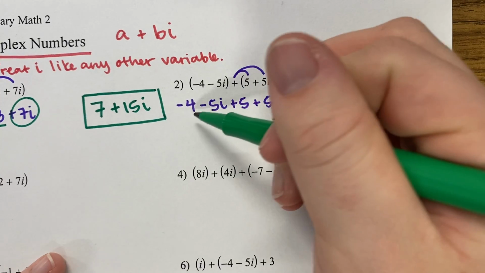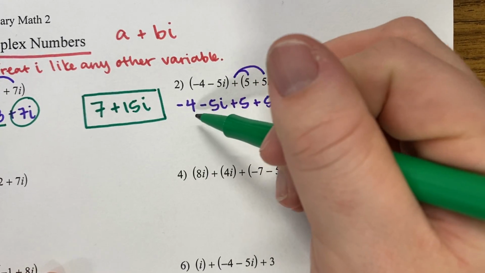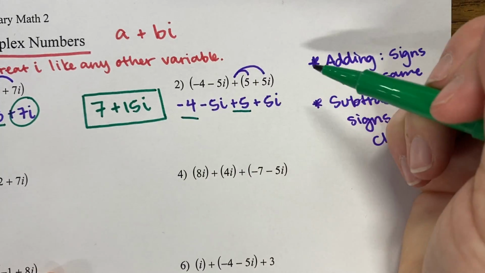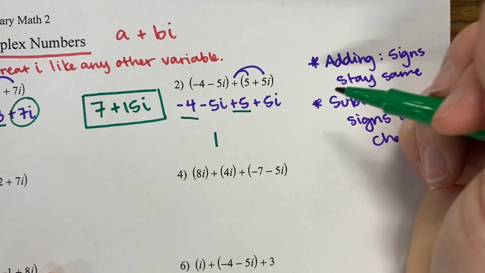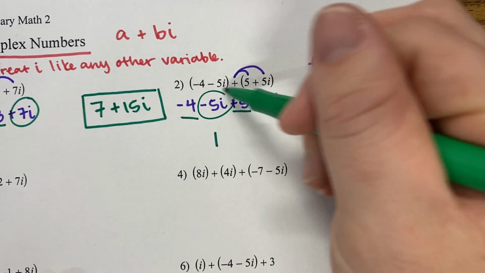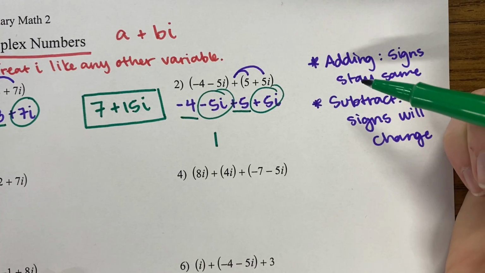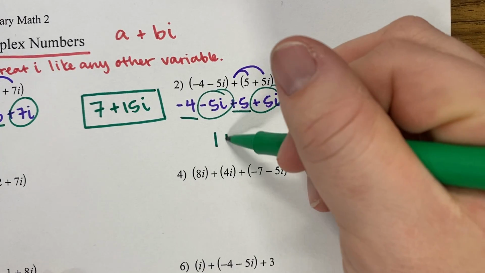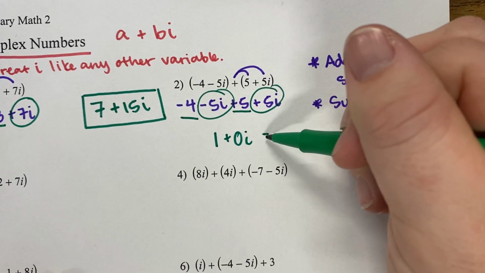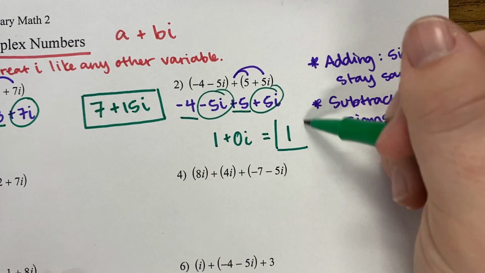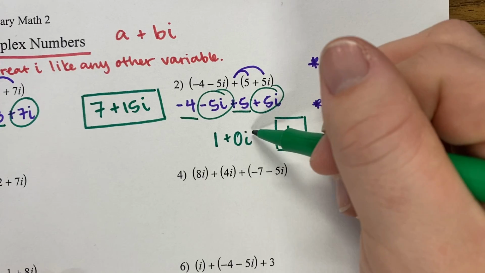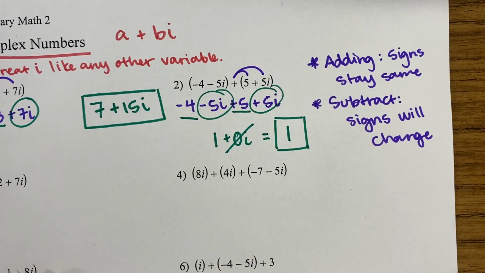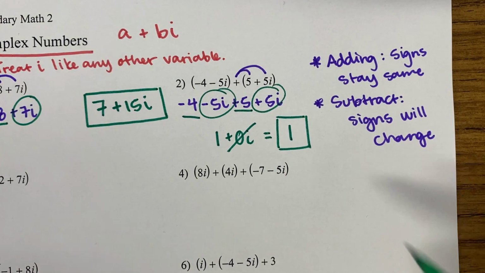Okay, so let's go ahead and just combine our constants, the numbers without the i's. -4 plus 5, it's going to give me a positive 1. -5i plus 5i, those actually just turn into 0, right? So 0i, which we can just write as nothing. We don't have to write 0i, because those basically cancel out. So simplified, it's just 1.